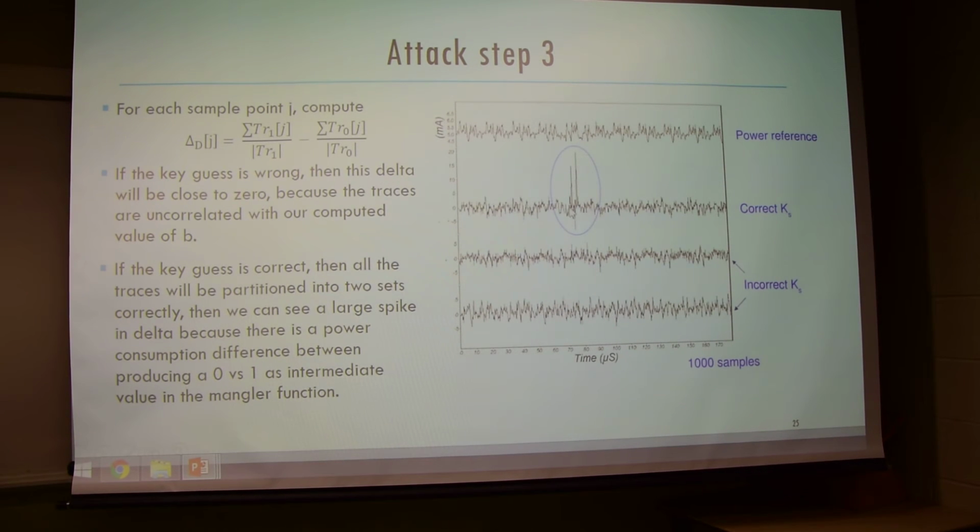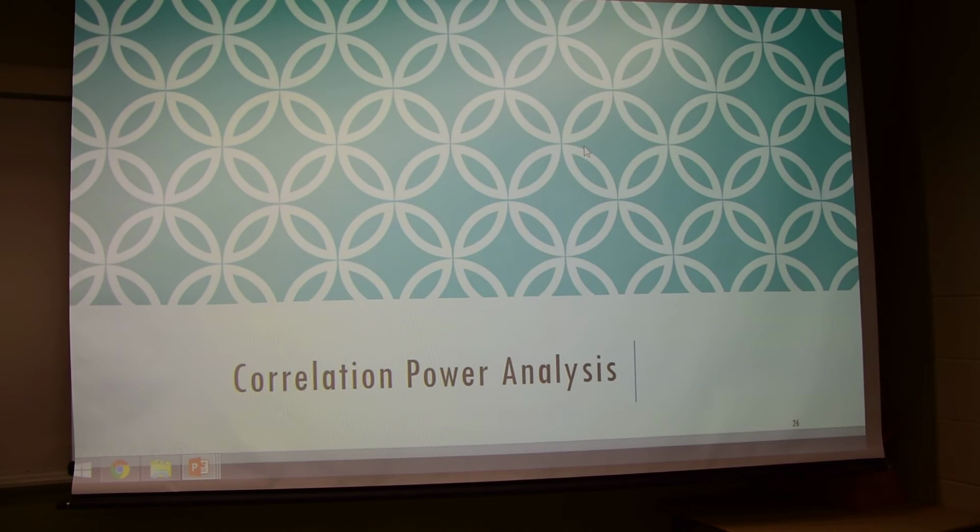So these are the 3 results of the delta function. If you have a correct key guess, you will see a very high spike. Otherwise, you cannot see it. They are close to 0. And this is just a power reference. Okay, so you have the DPA attack.